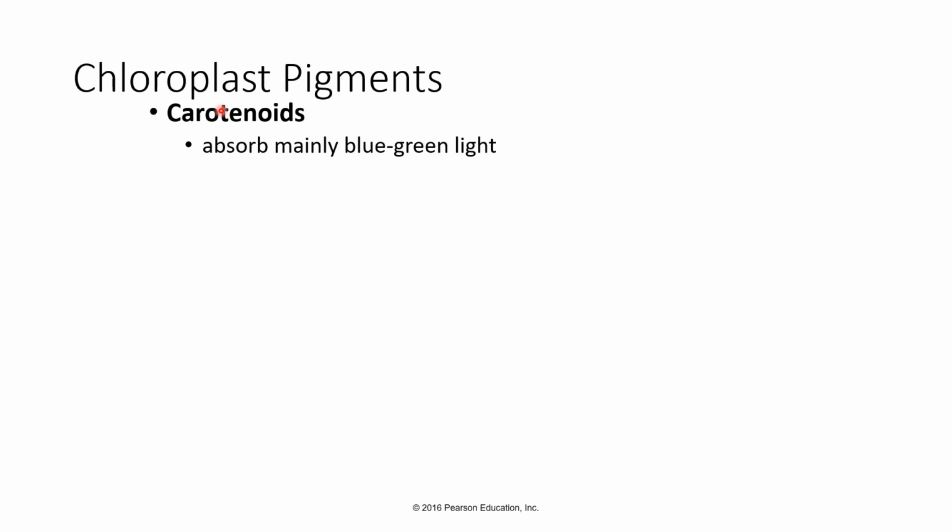That's because the carotenoid is reflecting the reds and the orange and the yellow, and it's actually absorbing the blues and the green. And so that's why during the fall, the leaves are not going to appear green anymore, because the green light is being absorbed, and the light that's being reflected is actually the red and the yellow light.